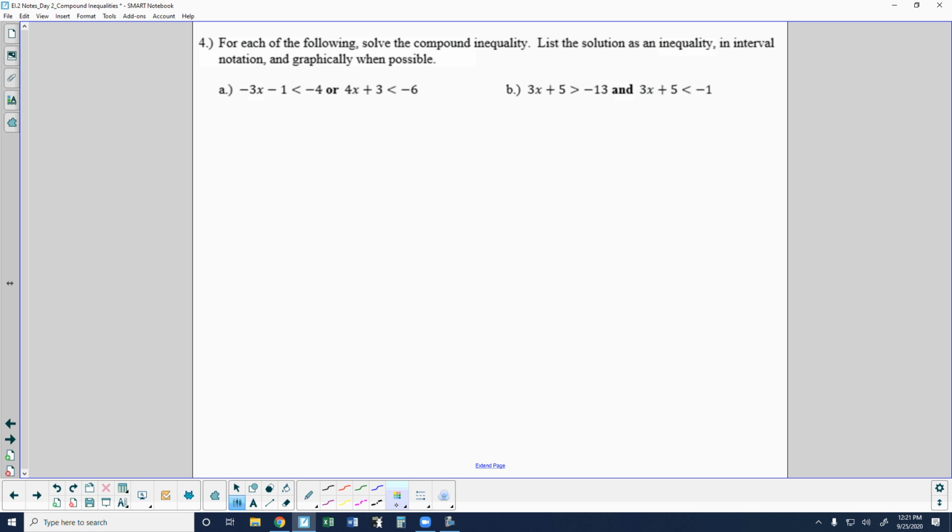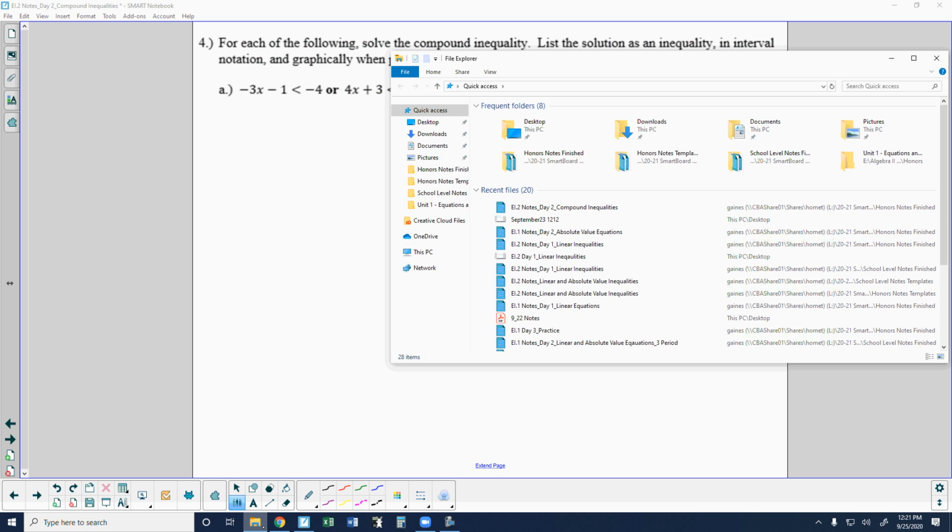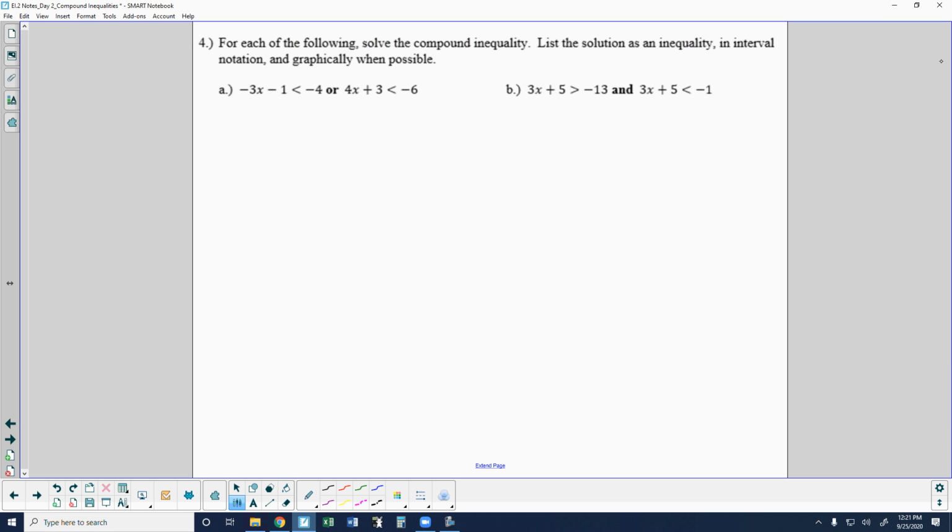So what we're looking for here then, the word or relates to a union. It's going to be a solution to the first inequality or a solution to the second inequality. So what we can do here is we can write this out as -3 minus 1 is less than or equal to is less than 4, -4, and then replace the word or with a union.